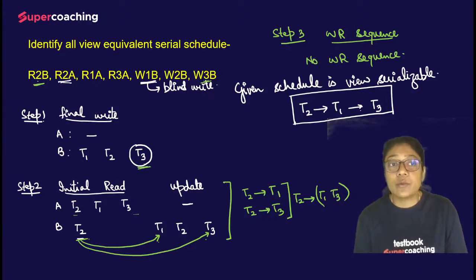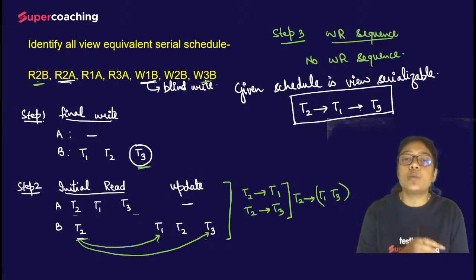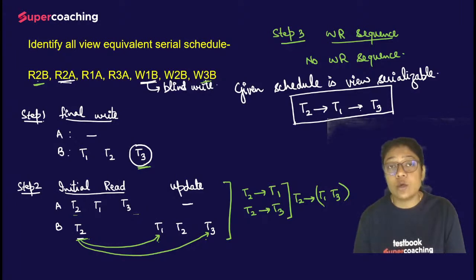This is the first read operation. Basically initial read means read करने से पहले उस data item के ऊपर कोई write operation नहीं आया है. No transaction has performed the write operation before the read operation. Such a read operation is known as initial read.